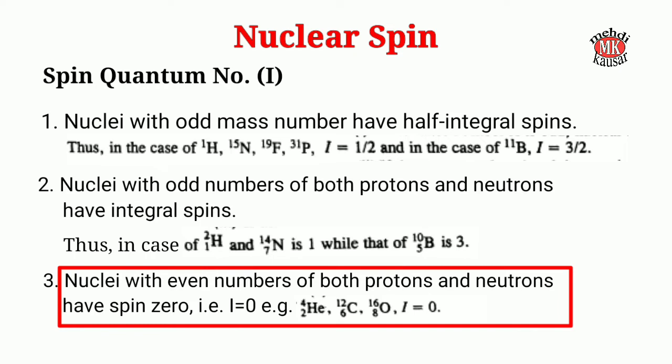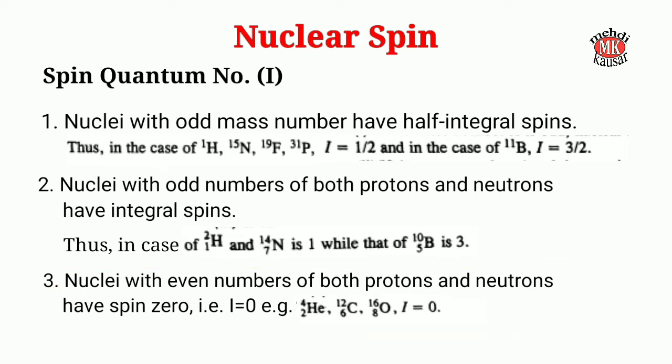For example, helium-4, carbon-12, oxygen-16, etc. have I equal to 0. These nuclei are magnetically non-active and are called NMR inactive and do not give NMR spectra. The values of the spin quantum number I are determined on the basis of some quantum mechanical calculations.